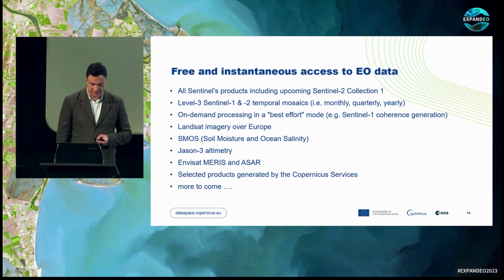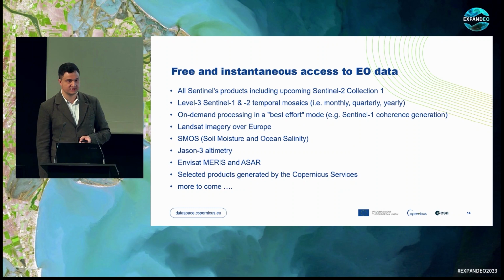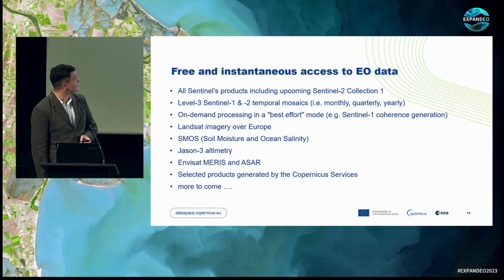And the second revolution is related to the immediate access to the data. This is what I was telling you about, that currently the data are rolled into the long-term archive after some time, but not anymore. Now you have immediate access to all Sentinel-1, 2, 3, and 5 data.